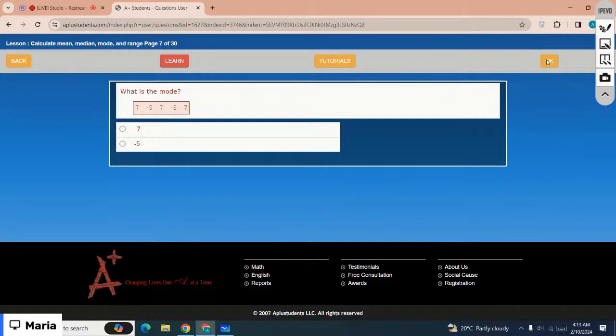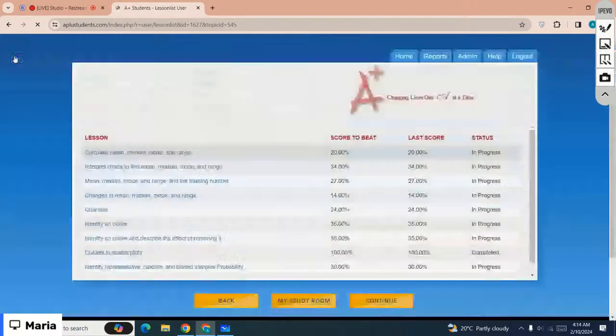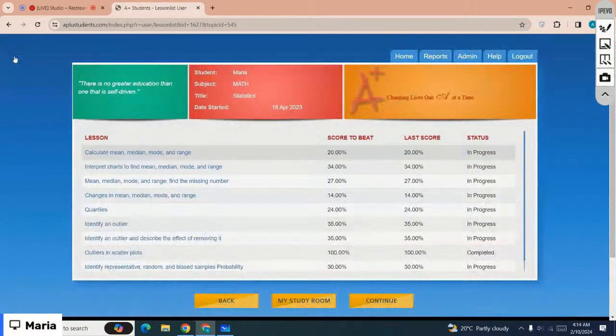Then you have median and mean. For mean, you have to add up all the values and divide by the number of values. And the median is the number that divides the data into two exactly equal parts. All the numbers before the median are smaller than the median, and all the values after the median are greater than the median.